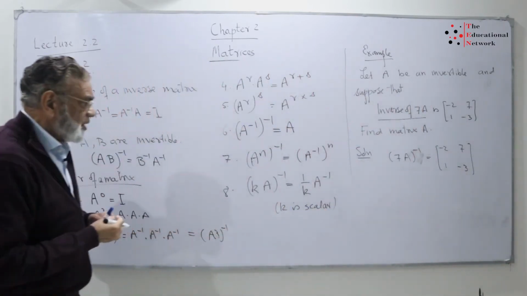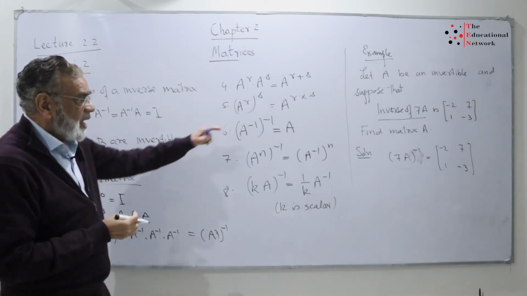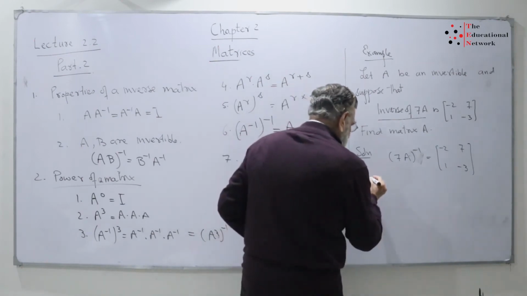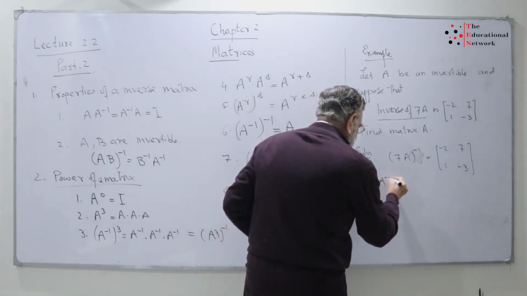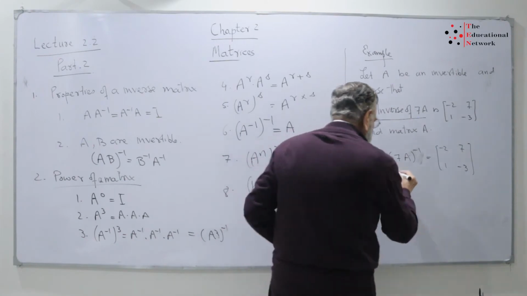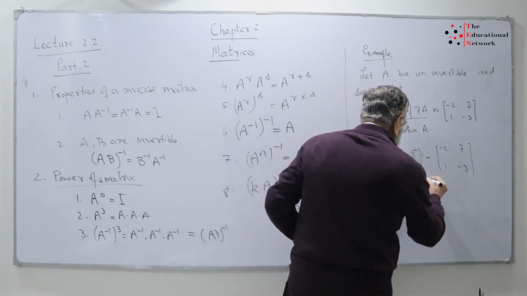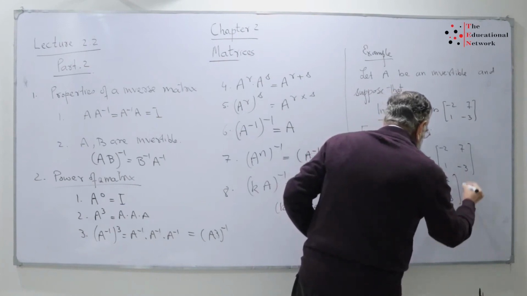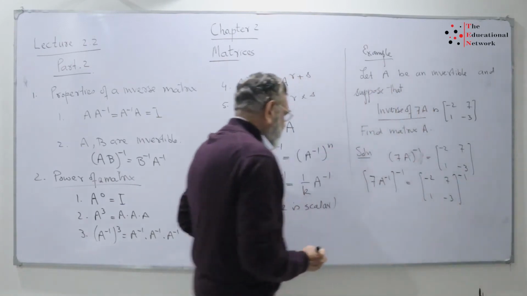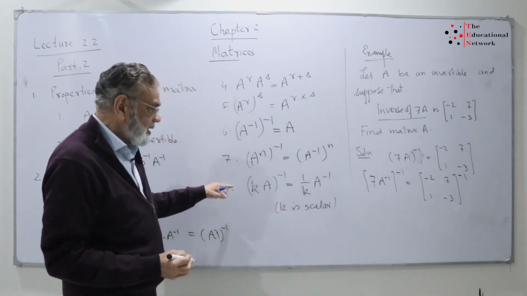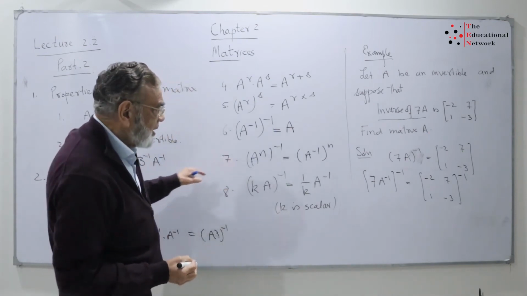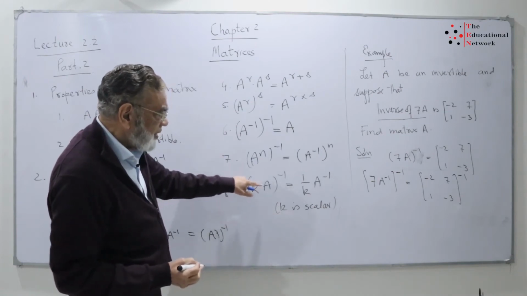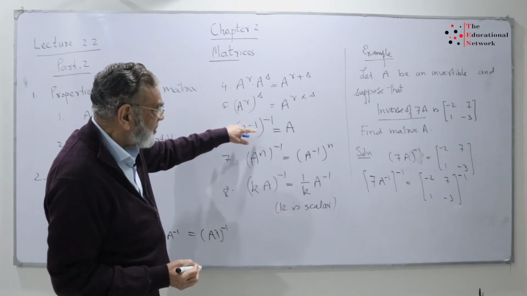From this equation we want to find A. The way is that we just take the inverse of both sides, as the inverse of inverse is A. So I take the inverse of both sides. I get (7A inverse) whole inverse is equal to the inverse of minus 2, 7, 1, minus 3. Here we use property number 8 and also property 6.